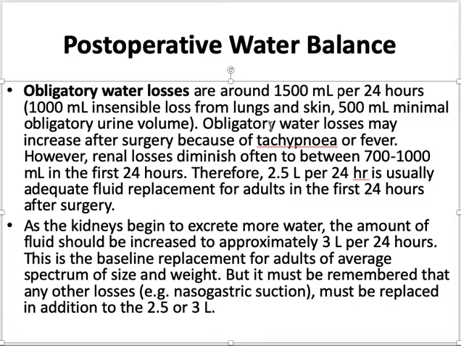Sometimes these losses can increase, for example if the patient has tachypnea or fever, so they will lose more water. But the kidneys will lose less water in the first 24 hours because of the effect of the hormones, which conserve water. That's why they say 2.5 liters per 24 hours is usually adequate fluid replacement for adults in the first 24 hours after surgery.